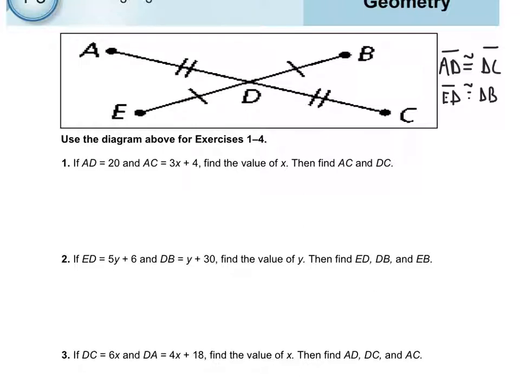So let's label this. We know that A to D is 20 units long. Well, there's something in the picture that'll give this away. You see these two markings right here, that double marking. That means that it's the same length as well. So right away, we know DC is 20 units long.